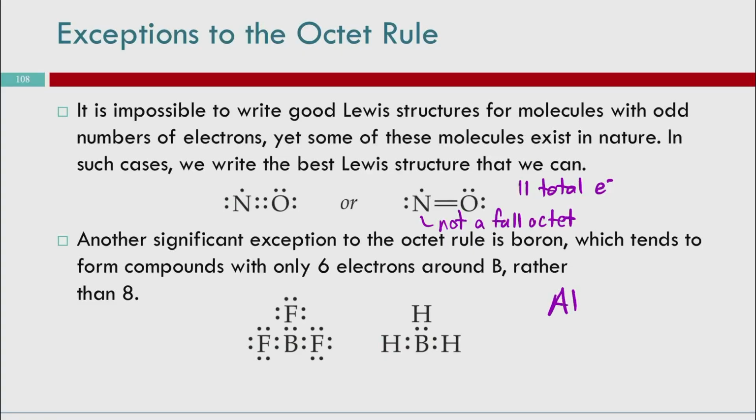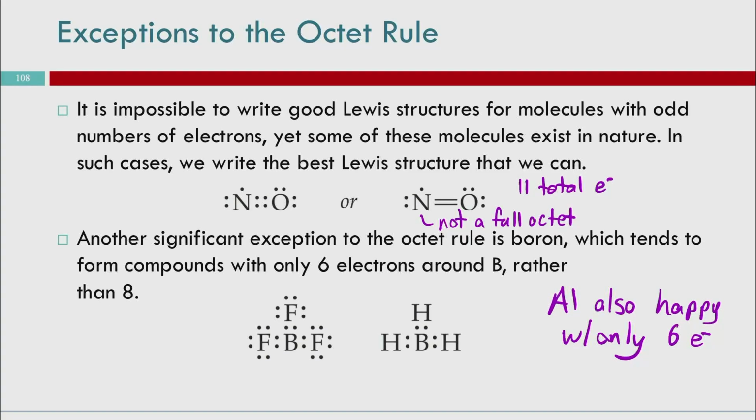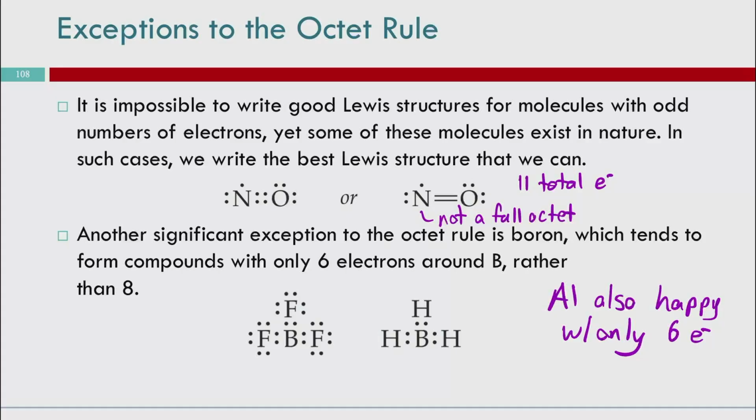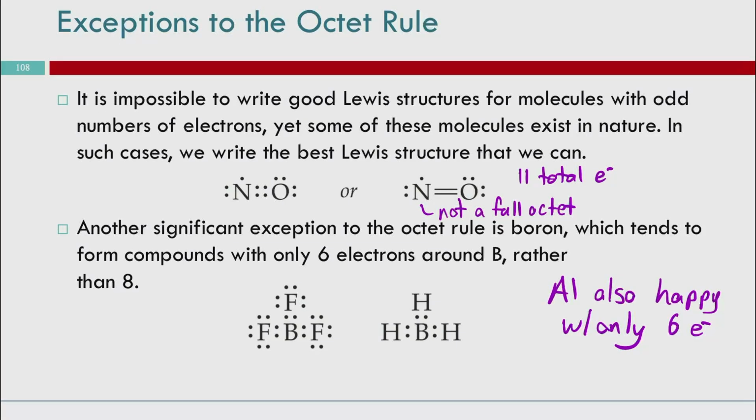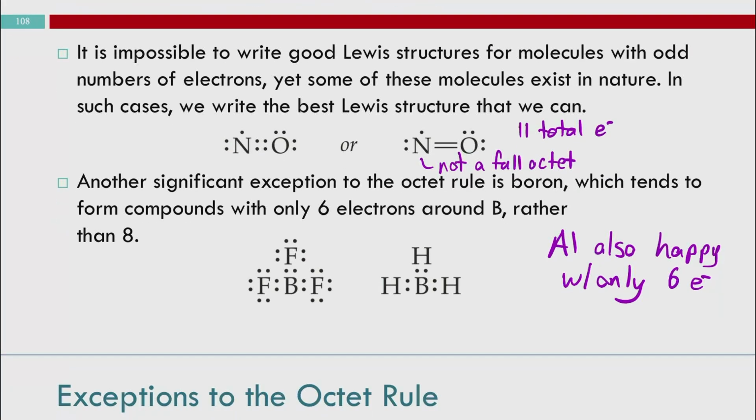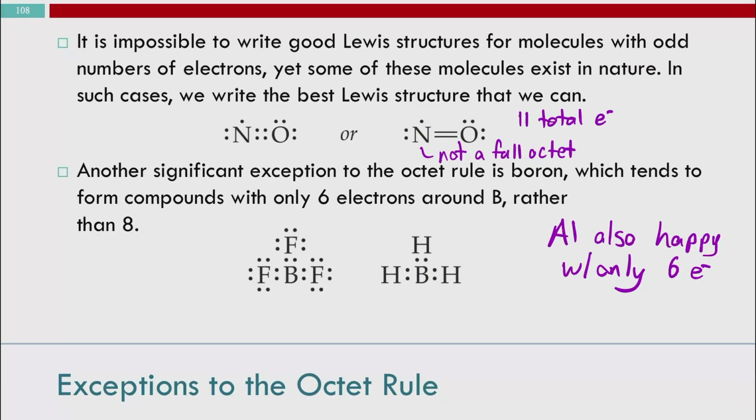Aluminum will also do this, or can do this, where it only has 6. Only 6 electrons instead of a full octet. Boron, a bit of an oddball because of that. I'm pretty sure boron doesn't show up on the Lewis structure worksheet either or on the exams. It's just something to know for the future. So if you're going to take 1A or 1B, this is good to know.